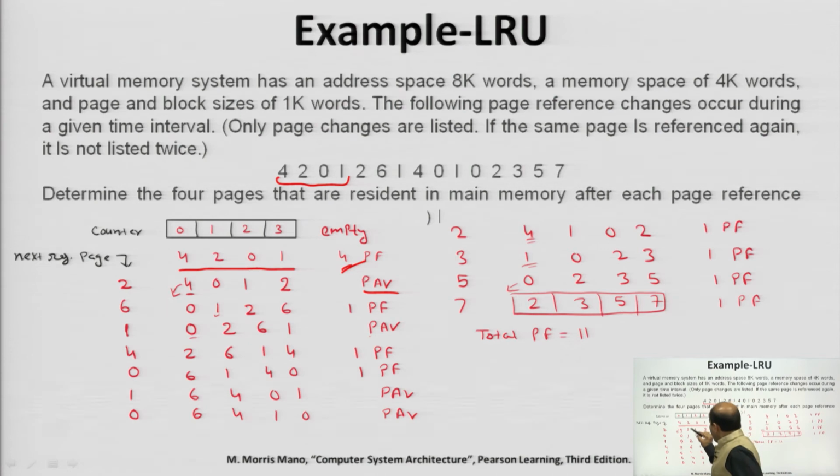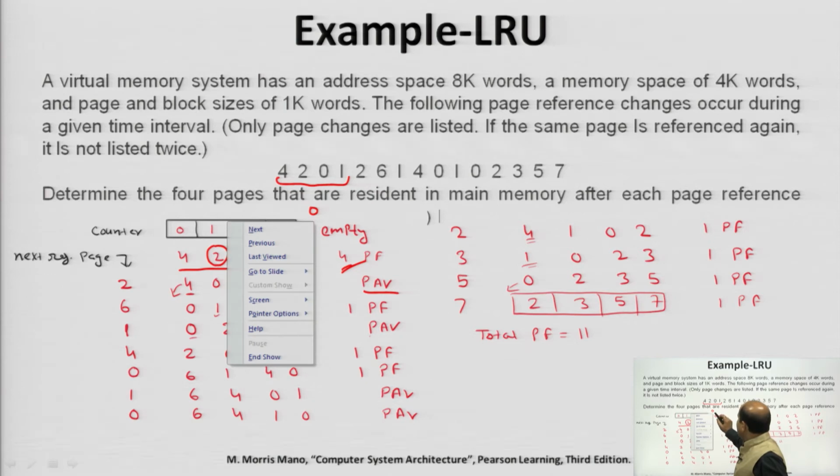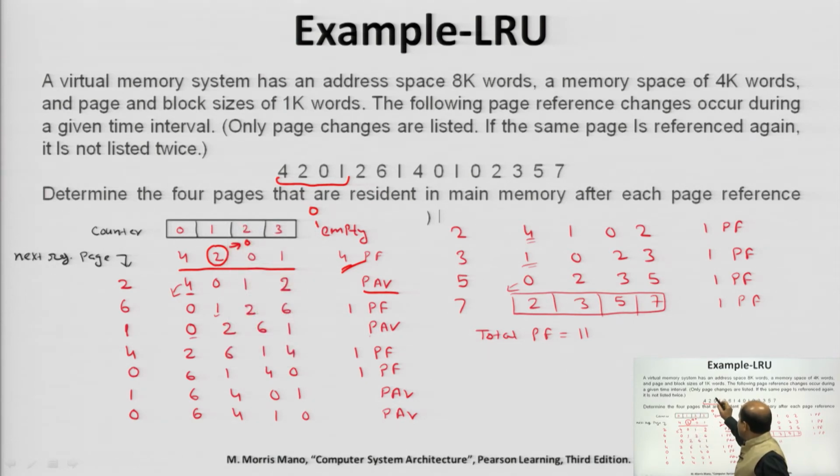Whenever a page is referenced, its counter value is immediately set to 0. So, when page number 4 was entered, its counter value was 0, and when page number 2 was entered, page 4 had counter value 1, and page 2 had counter value 0. When 0 is entered, page 4 will have 2, page 2 will have 1, and page 0 will have counter value 0.